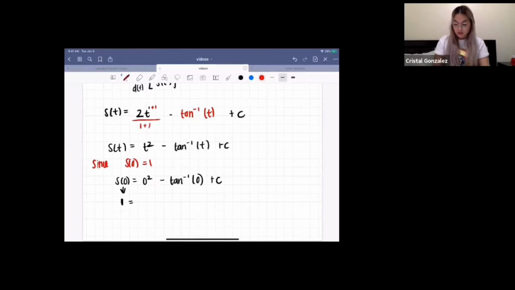And now this is going to go away. Arctan of 0 is just 0, and then we are just left with that plus C here. So 1 is equal to C.